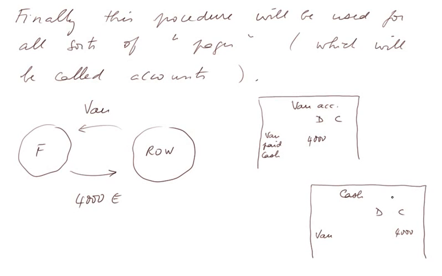And there is the cash account, the cash page that we are familiar with, that is credited 4,000, because here 4,000 euros in value in the form of a van enter the firm, and here 4,000 euros in the form of cash leave the firm, and therefore is recorded in the cash account.